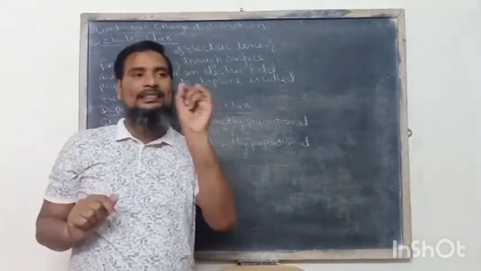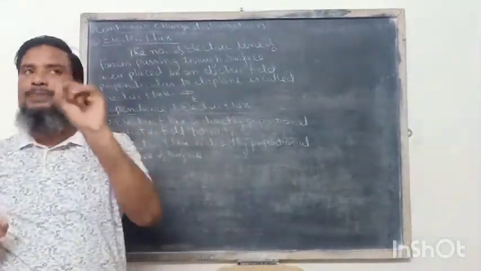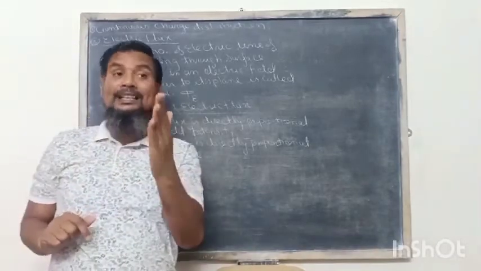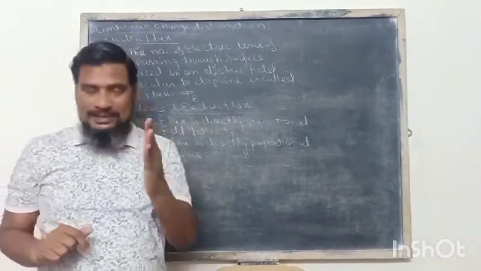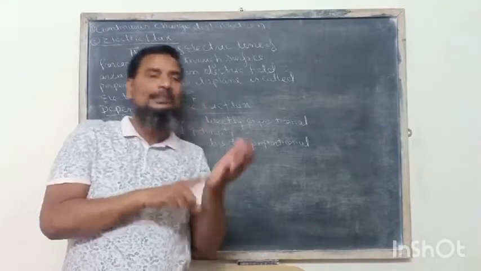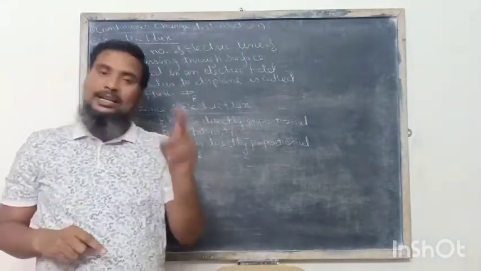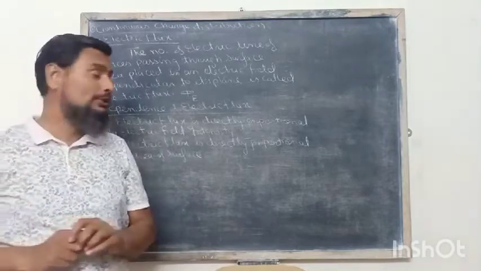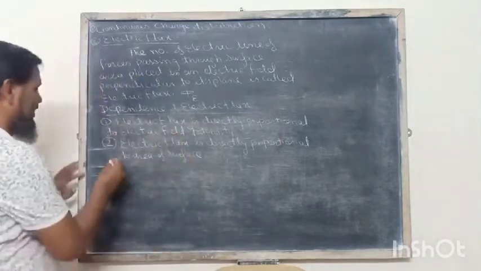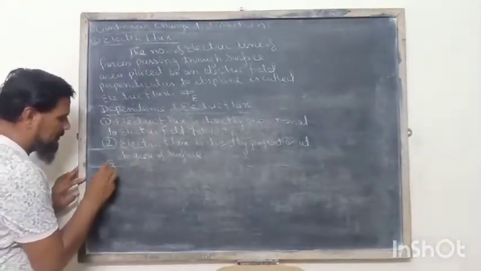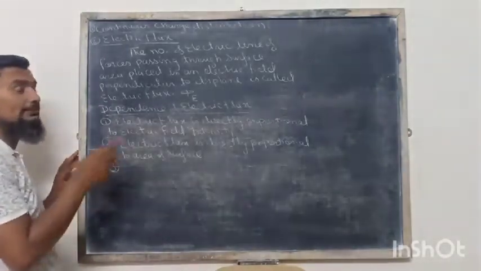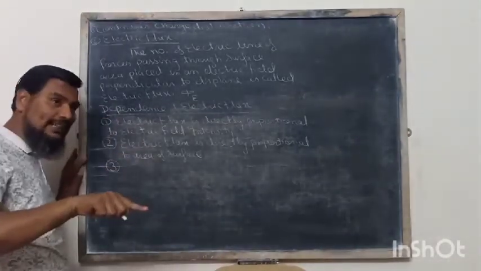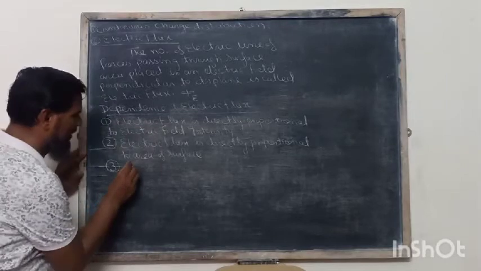So in this case the electric flux will be minimum. When the angle is 0, electric flux is maximum. When the angle is 90, electric flux is 0, and this is only valid for the cosine. So the electric flux is directly proportional to the cosine of the angle between electric field intensity and surface area.